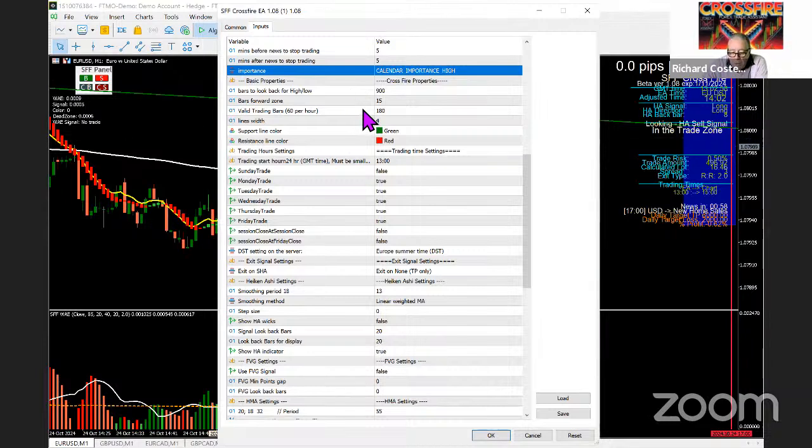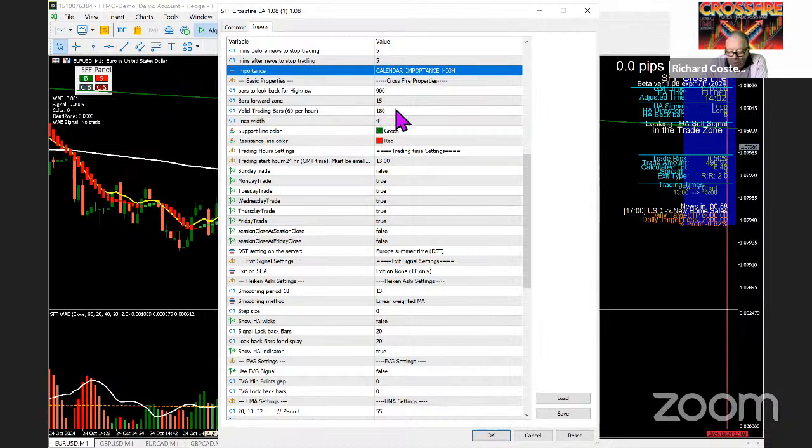And I want the trading assistant to trade for 3 hours from 1 p.m. to 4 p.m. So I need to have that set at 180 minutes. And I need this to start at 1 o'clock. You don't need to put in a finish time on Crossfire as you do on the other trading assistants. You only need the start time.